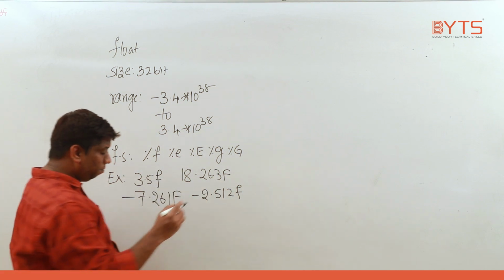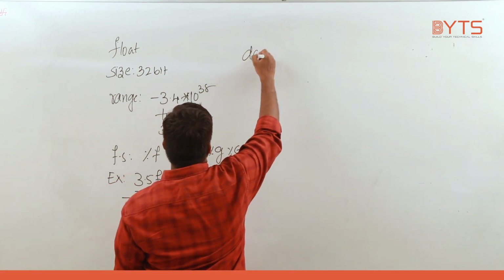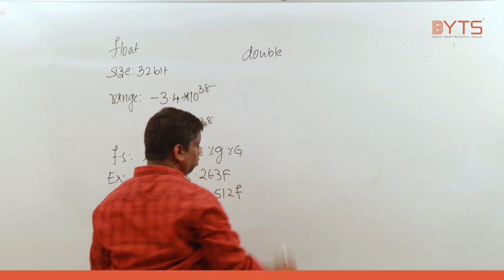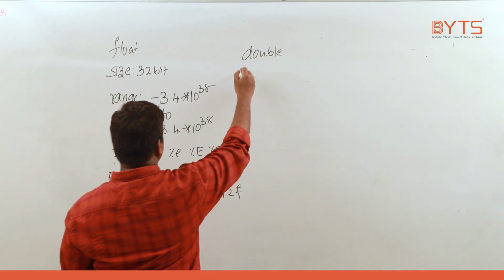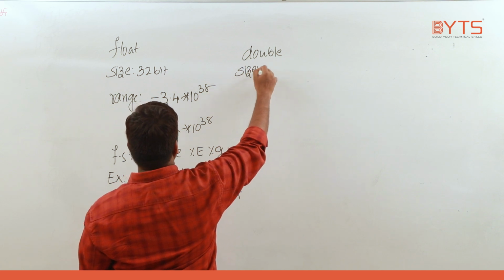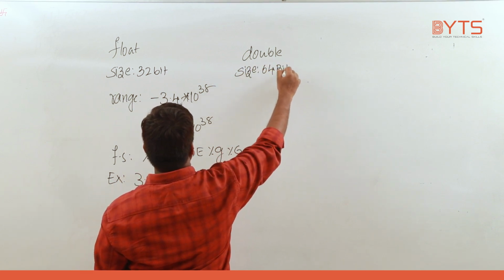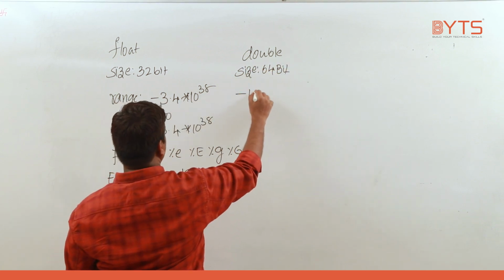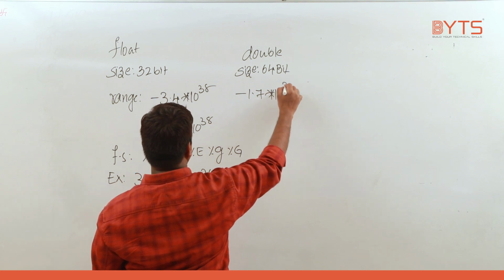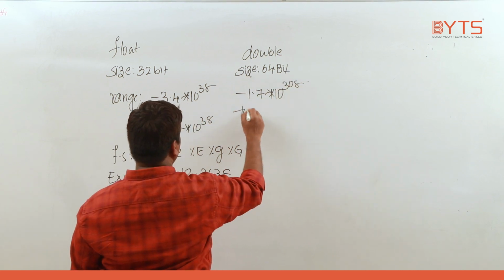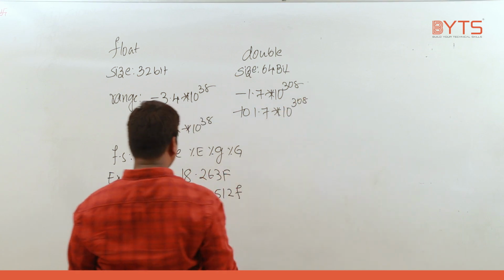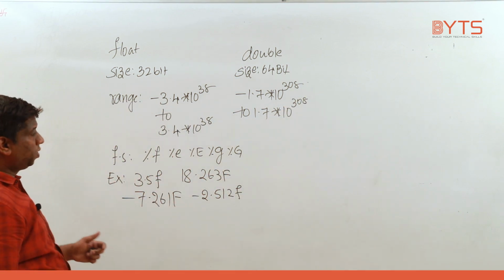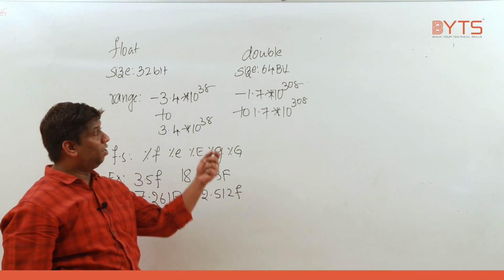Next, we have another data type, double. Double is a data type. Size is 64-bit. And the range is minus 1.7 into 10 to the power of 308 to 1.7 into 10 to the power of 308. The format specifier is a little interesting, it's not percentile D. Why?